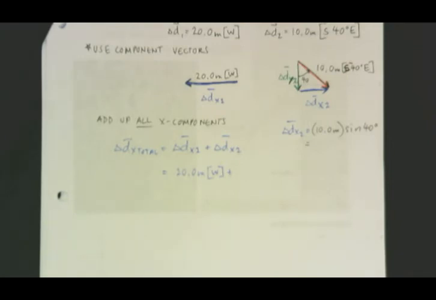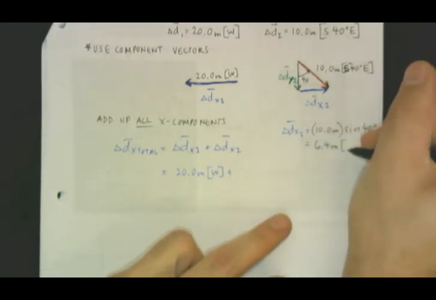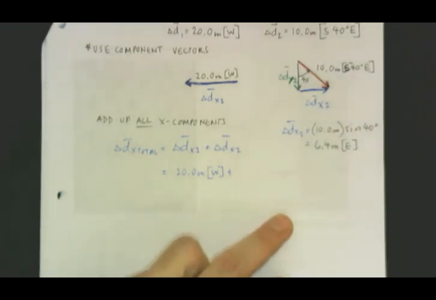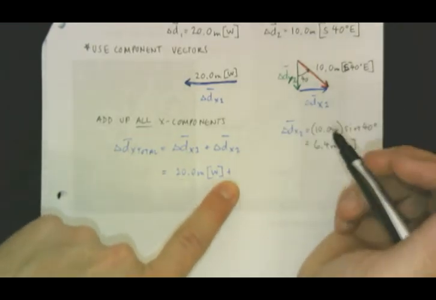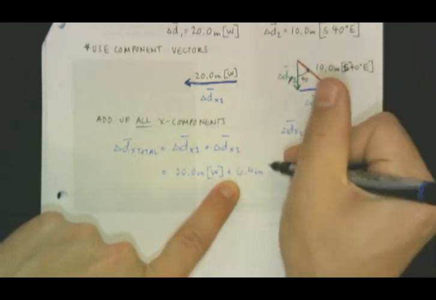Megan? 6.4. And what direction would you say that's in? East. Good. 6.4 meters east. Very good. So to find the total x, we add 20 meters west plus this x component of vector 2, which we said was 6.4 meters east.